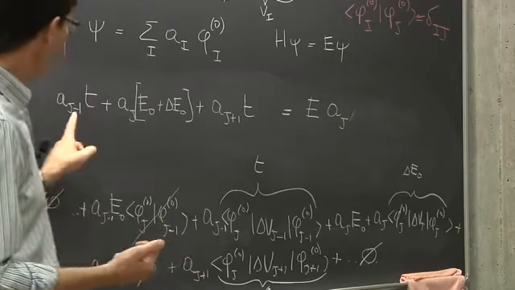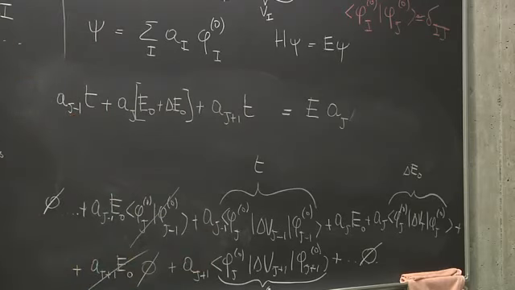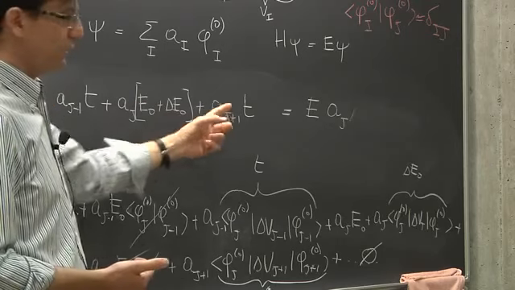This has to be true for all Aj's. So it's no longer two equations for two unknowns. It's an infinite set of equations, because for each Hj there is a different equation, for an infinite number of unknowns, all the Aj's.